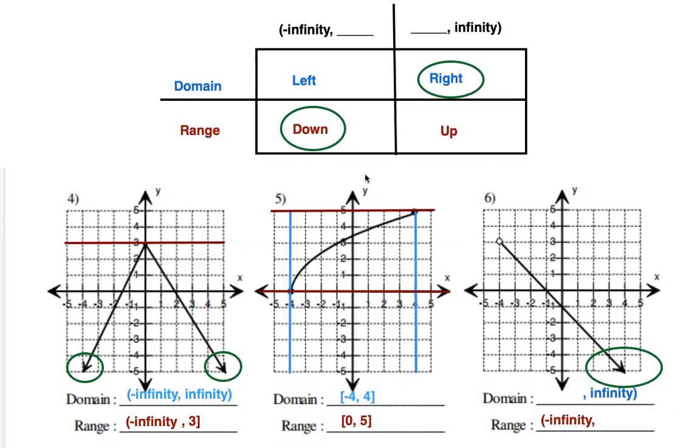Now to fill in the missing section. I'm looking for that left piece of the graph, which is over here at -4, going through that open circle, making it a parentheses.